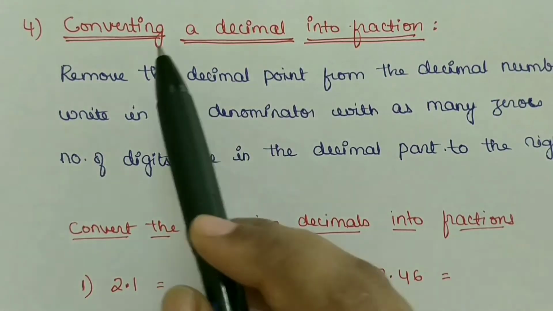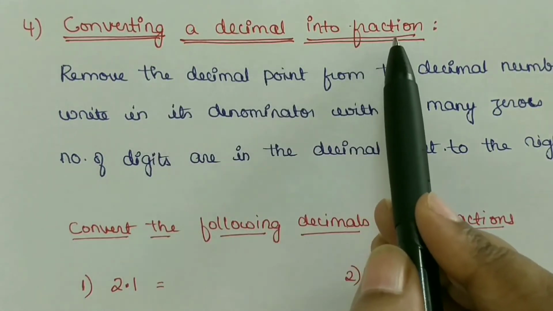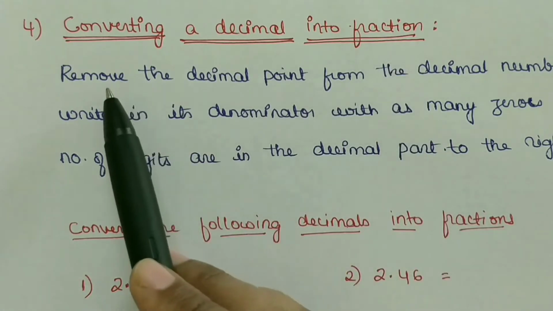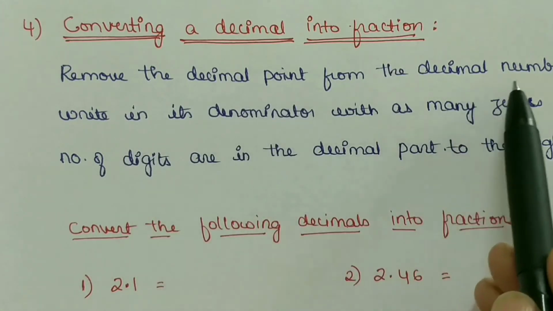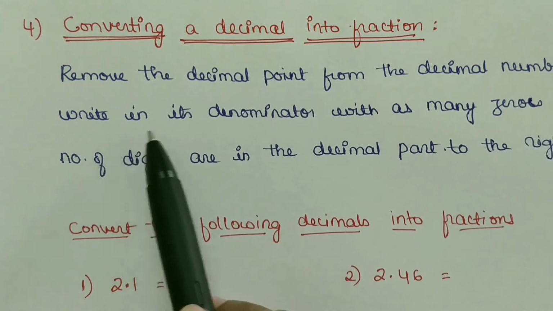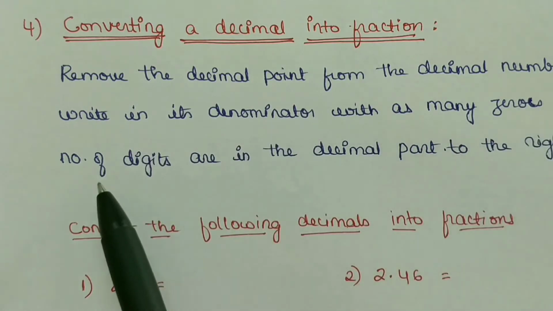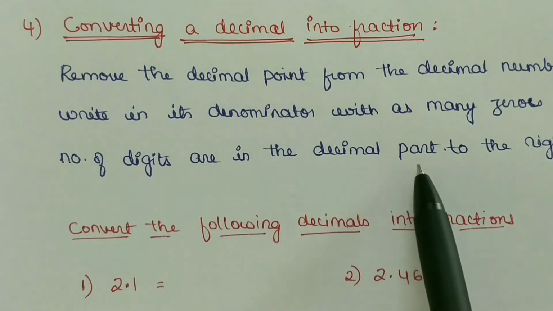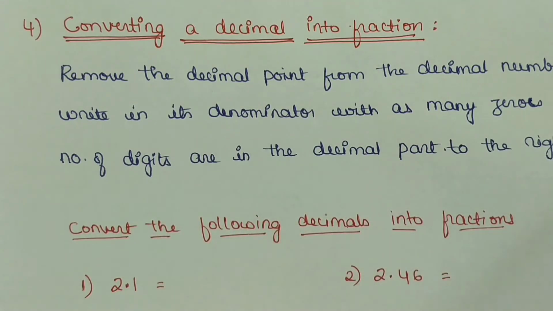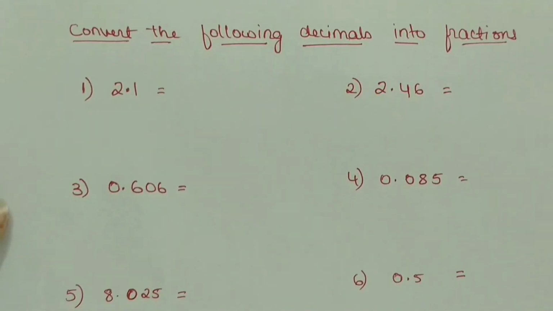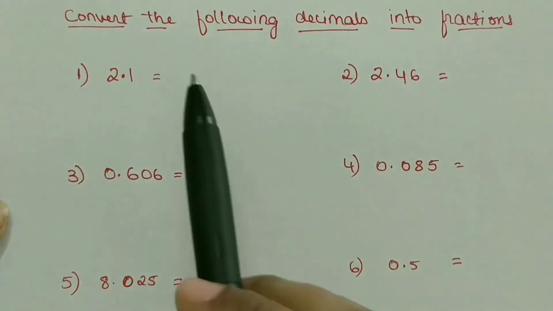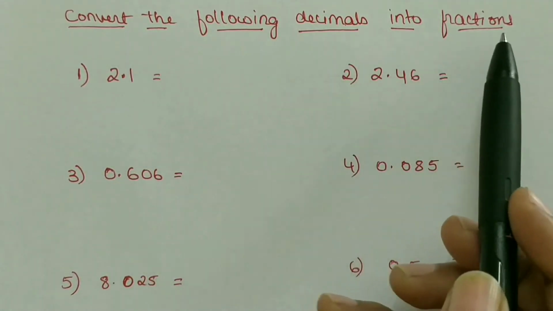Next topic, converting a decimal into a fraction. To convert, remove the decimal point from the decimal number and write in its denominator 1 with as many zeros as the number of digits in the decimal part, to the right of 1. Convert the following decimals into fractions.